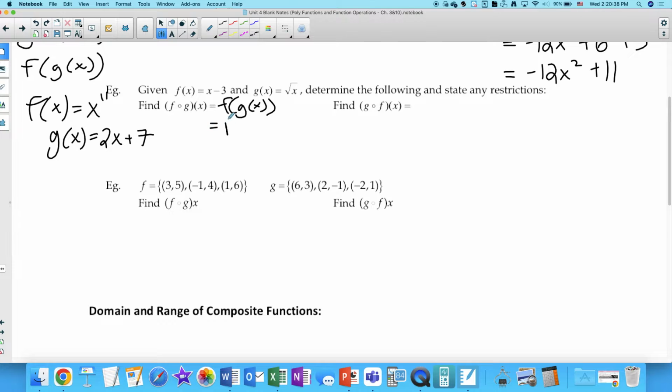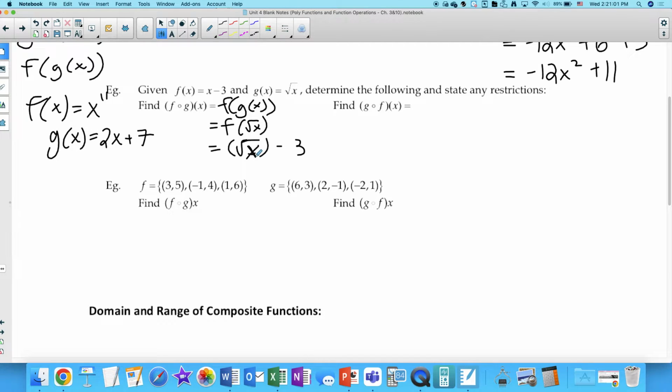So this is f of the square root of x. I'm going to rewrite f of x, but replace the x with brackets.